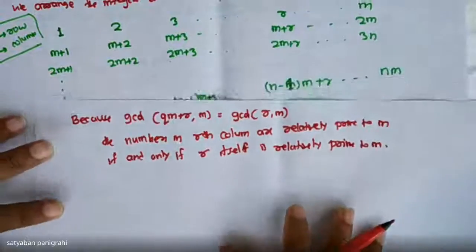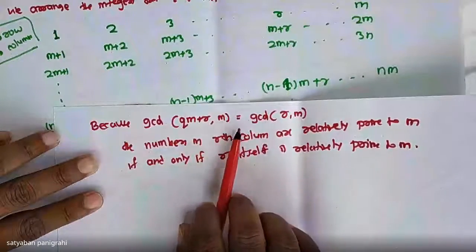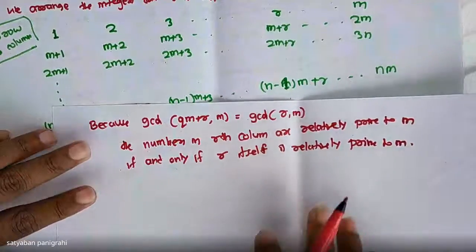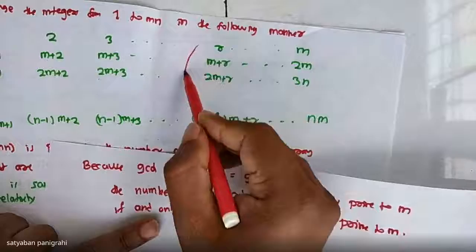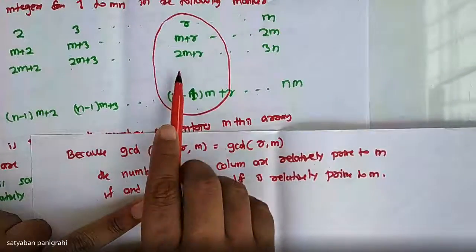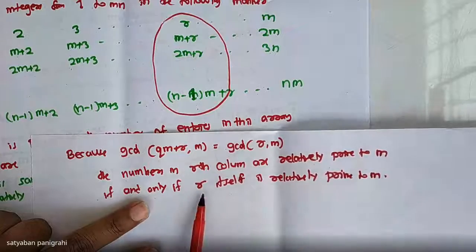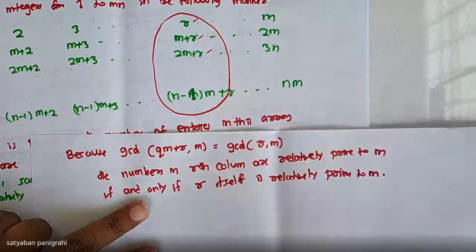Okay, as we know, GCD of qm plus r with m equals GCD of r and m. So the numbers in the rth column are relatively prime to m if and only if this r itself is relatively prime to m.